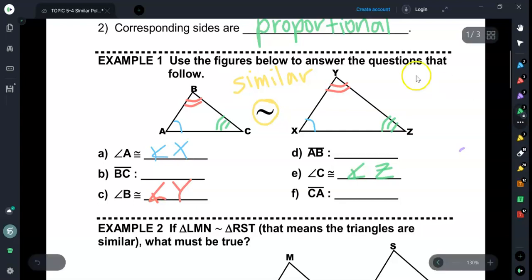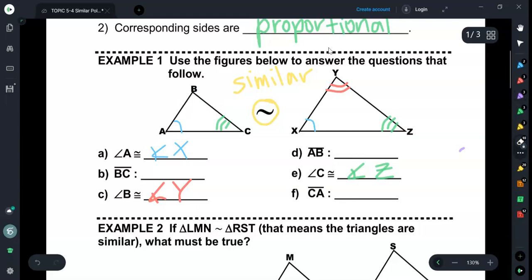Well, since we know they're similar, I'm going to now match up the sides. And you match these things up, guys, just like you did with congruent triangles. It's just now, while the angles are the same still, just like they were when they were congruent, the sides are now different. So AB, or let's look at BC. BC, and I'm trying to do this.